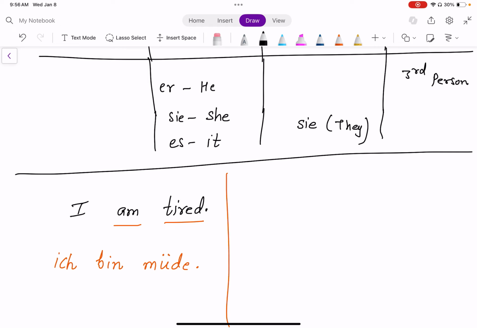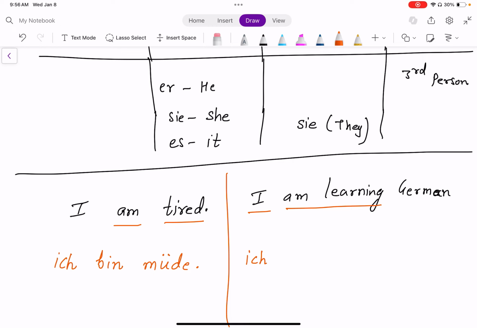For example, I am learning German. If you want to say this, how will we write it? I is ich. I am learning. This is also a verb, a continuous verb.